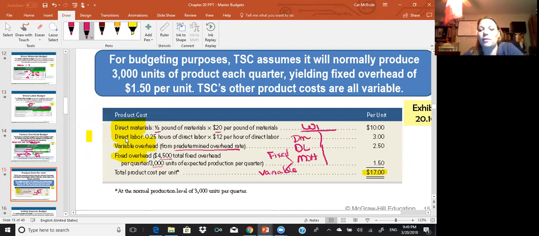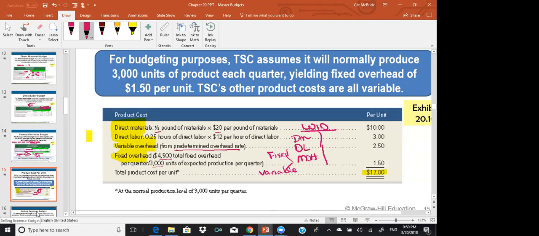So now each unit costs us about $17 to produce. Still with me? Okay, good.